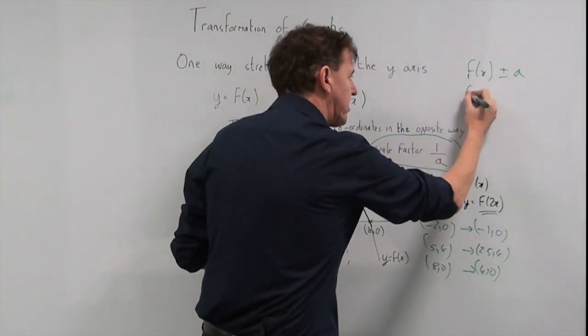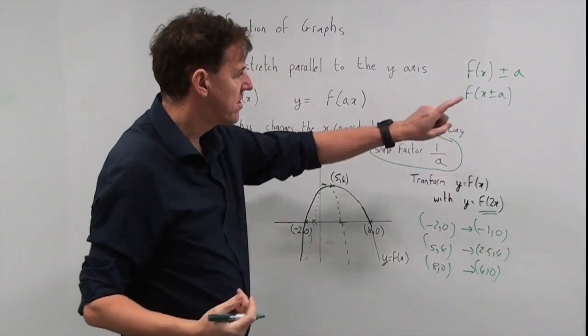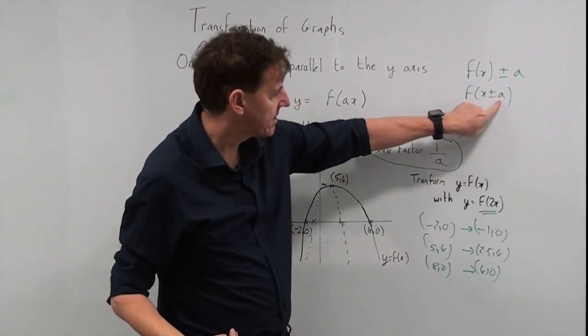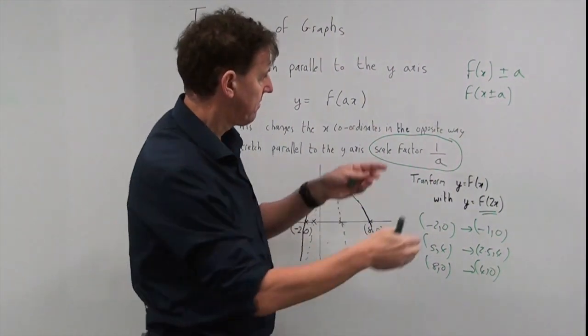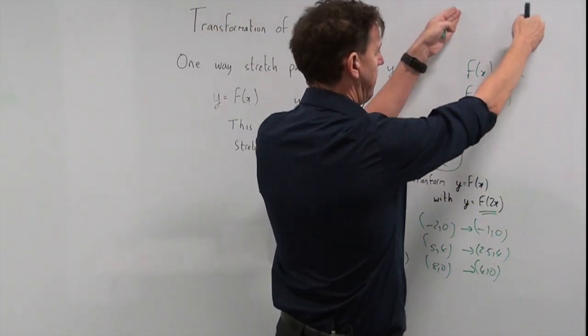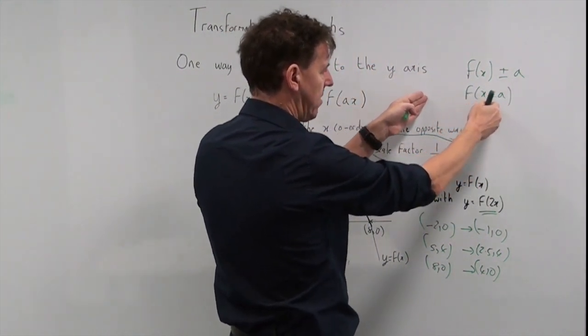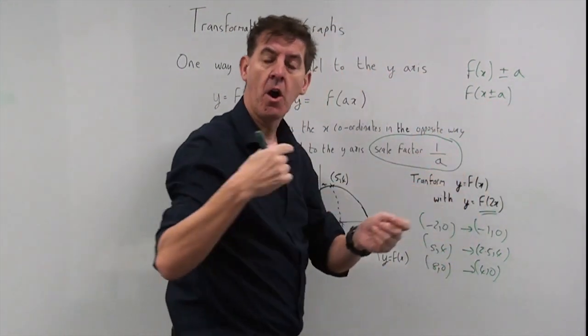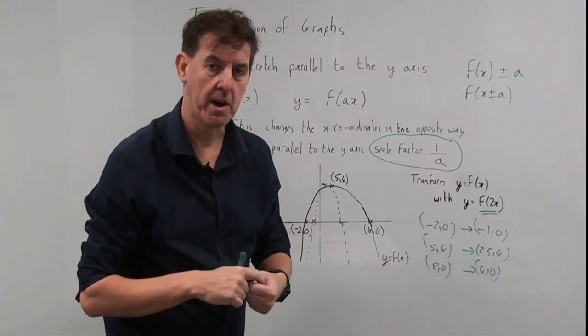But this is also a translation. Notice what's happened to the number. The number's dropped within the bracket. So that's the one where it affects the x coordinates. So this one translates the graph up and down. This one translates the graph across that way, in the opposite manner to what you expect, because it changes the x coordinates in the opposite way.